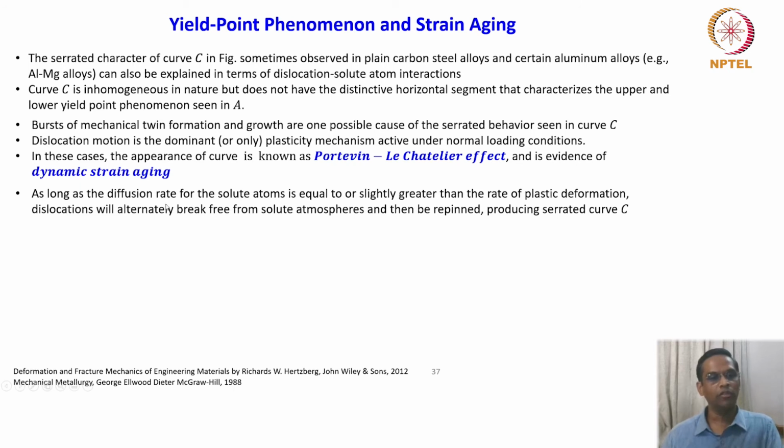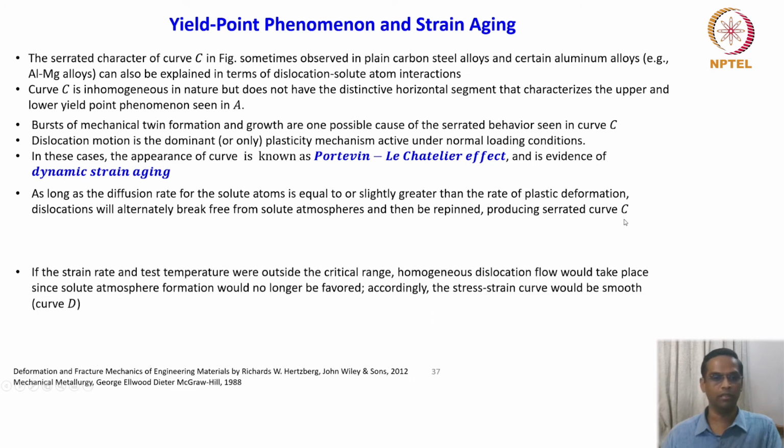As long as the diffusion rate for the solute atom is equal to or slightly greater than the rate of plastic deformation, dislocations will alternately break free from the solute atmospheres and then be repinned. As I said before, as long as this pinning and repinning can happen, the serrated flow will keep on occurring till the end of the fracture, producing the serrated curve C.